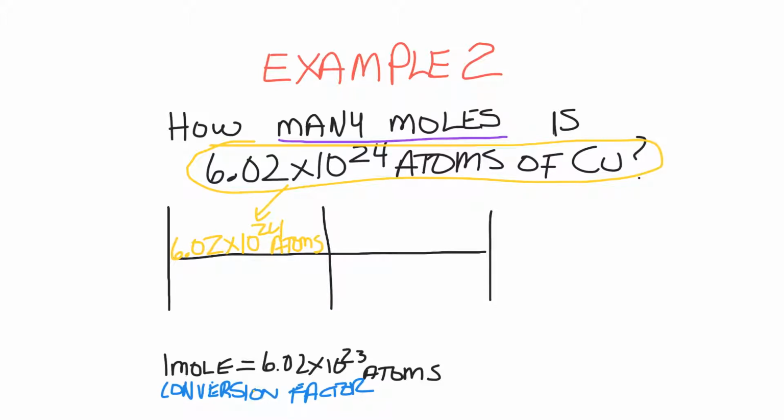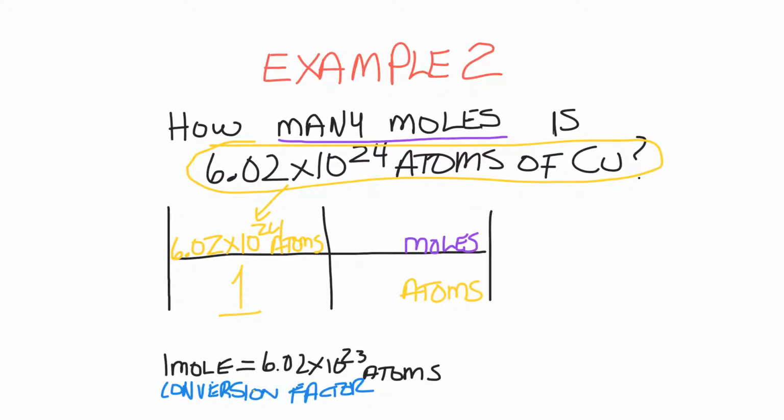And then again, we always put that over 1. And now what are we trying to find? Well, we're trying to find moles of copper. And what are we trying to get rid of? We're trying to get rid of atoms, right? That is what we're trying to convert from.